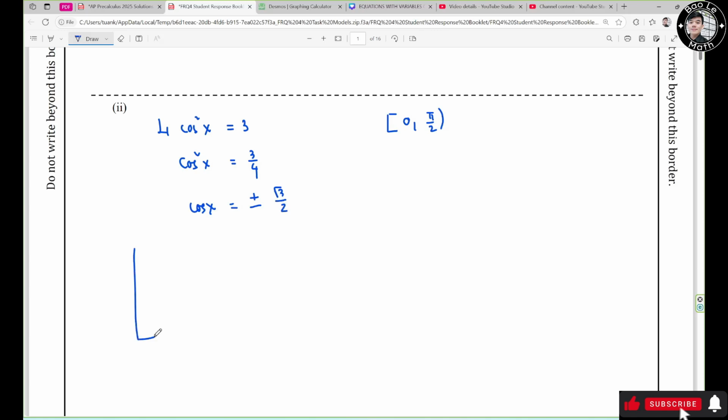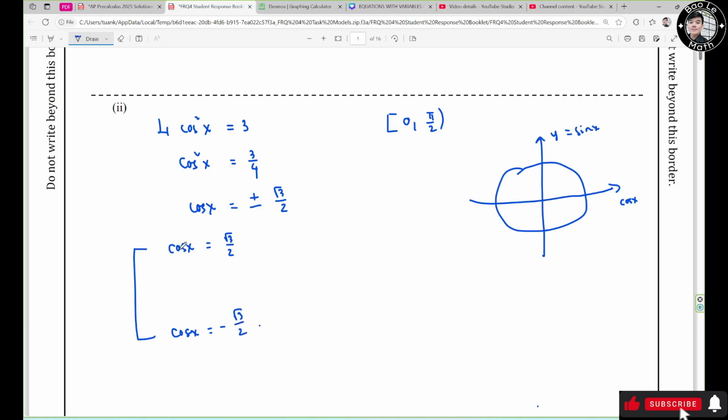Now, we have two different cases. Cosine s equals root 3 over 2, and cosine s equals negative root 3 over 2. Cosine s equals root 3 over 2 means s equals pi over 6, and cosine s equals negative root 3 over 2 means s equals 5 pi over 6.